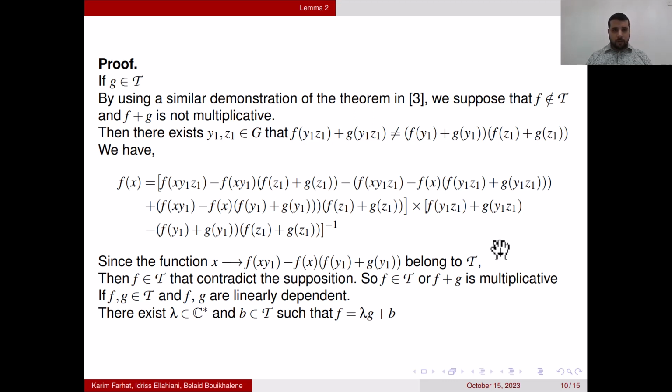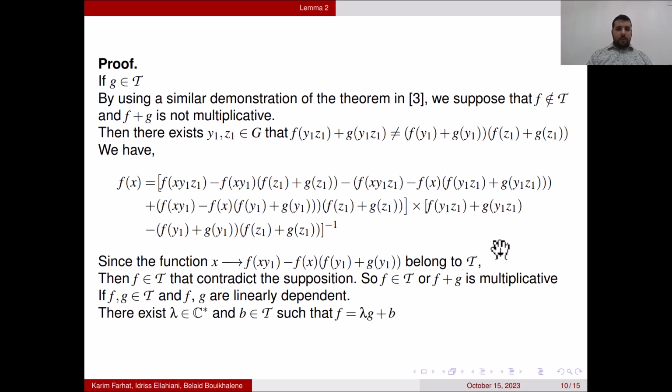After simple computation we have the form of f(x), since the function x to f(xy1) minus f(x)f(y1) plus g(y1) belongs to T, then f is in T, which contradicts the supposition. So f is in T or f plus g is multiplicative. Then 1 and 2 of lemma 2 are proved.